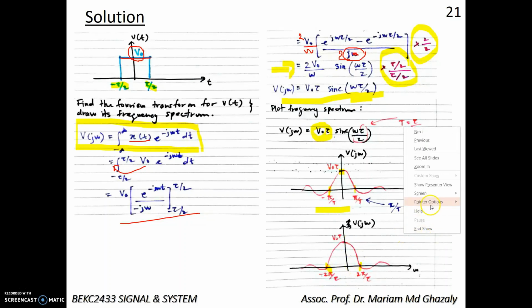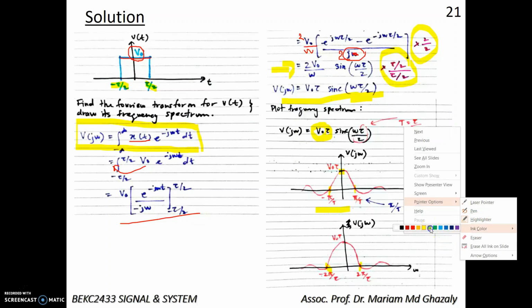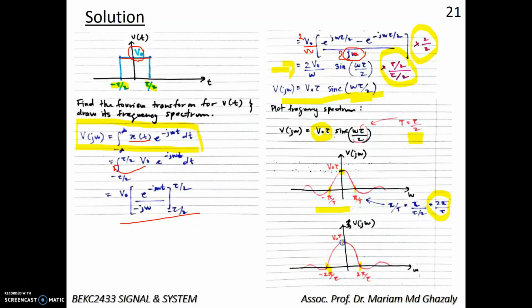Then you can draw out the sin waveform. So let's say I plot it. You can start to plot from here and then this point. Okay, so this is how you solve this type of question.